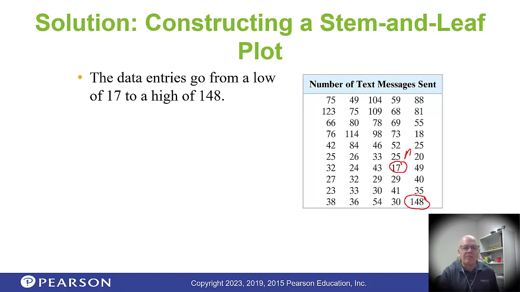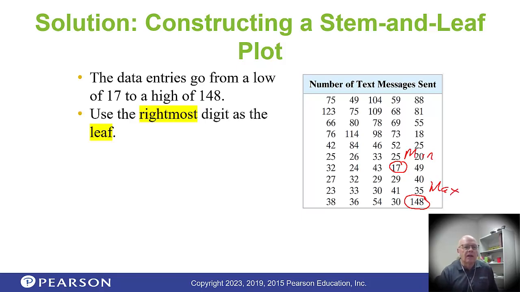So this is the minimum, and there's the maximum. We're going to use the rightmost digit as the leaf. So, for example, in this one, the leaf is going to be the 8, the last digit to the right. And the 14 will be the stem.